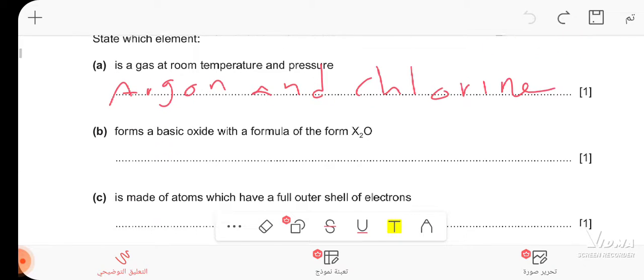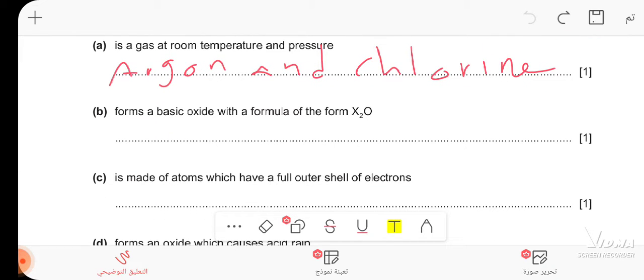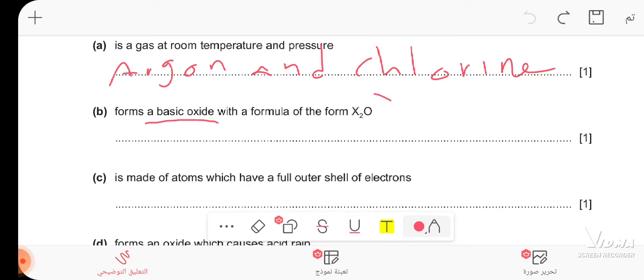Next question. Forms a basic oxide with formula of X2O. Basic oxide here, we are talking about metal, because metals react with oxygen to give basic oxide. This is from the properties of all metals. So, which metal can give X2O?